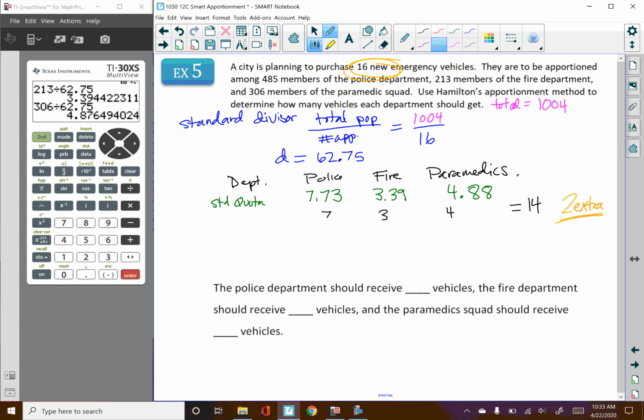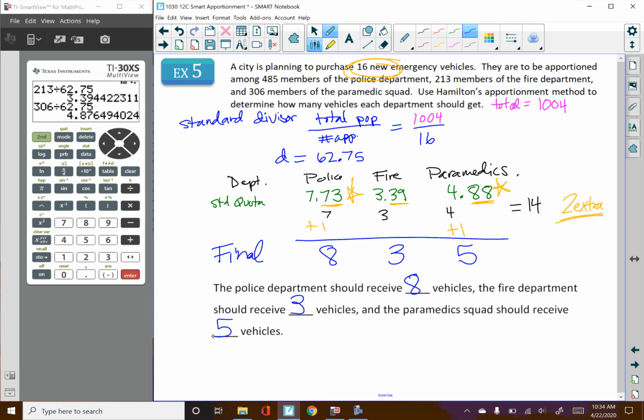Well, we first look at the highest fractional remainder, that's the paramedics, so they're going to get 1. And then our next highest fractional remainder is the police department, so they're going to get 1 of the extras. So that gives us the final apportionment. The final apportionment for the police department is going to be 8, for the fire department 3, and for the paramedics 5. So that would be what we type in as our answer.